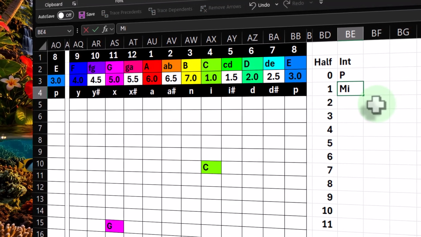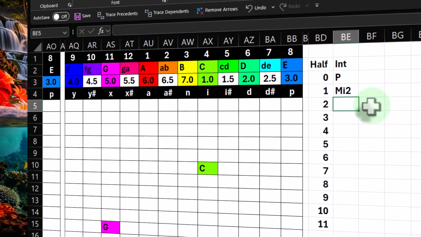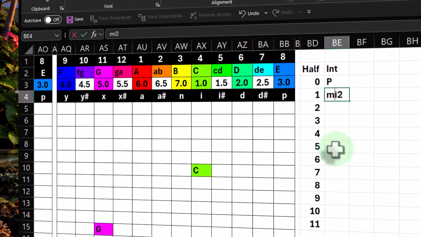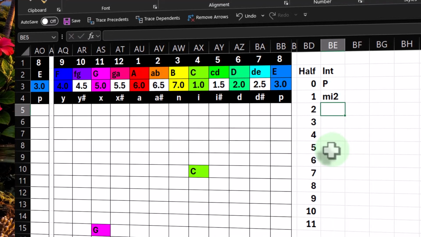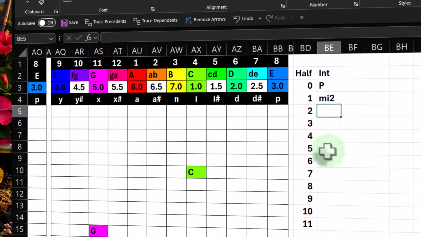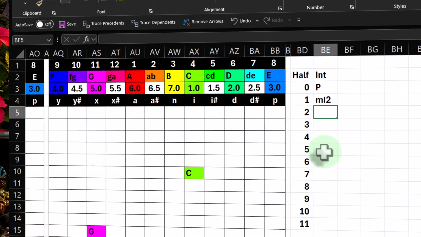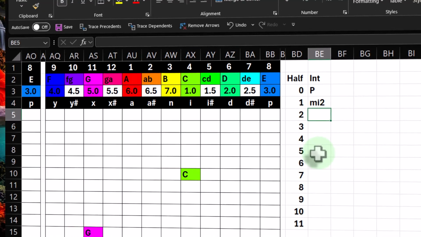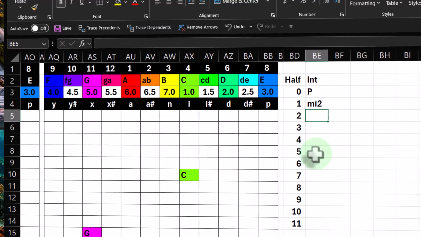I'm going to say Mi2, so for a minor 2, and maybe you put a lowercase. The reason I want an I in there is because when I do color coding, it's not going to be able to pick up just the M. Therefore, I want to have an MI so it'll pick up when I put colors into these.